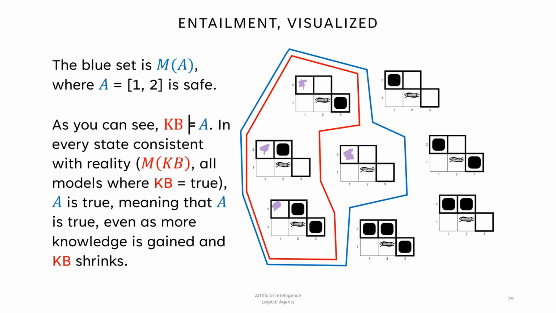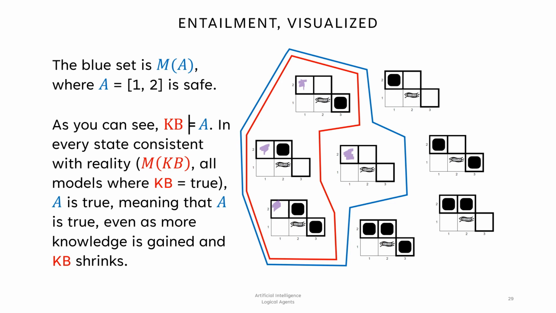Now as the knowledge base shrinks, we'll find which of these models is actually real. But that doesn't change entailment, because entailment involves having more models than the stricter sentence. So as the knowledge base shrinks, the entailment will continue to be true.